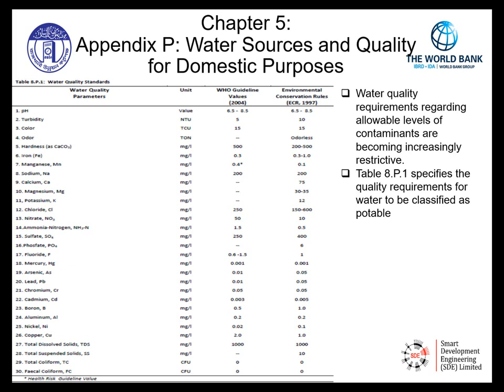The WHO guideline value is 5, whereas the environmental conservation rule is 10. So with respect to the water quality, the designer and the authority would come together and verify that the water has been treated to a certain standard as indicated here in Appendix P.